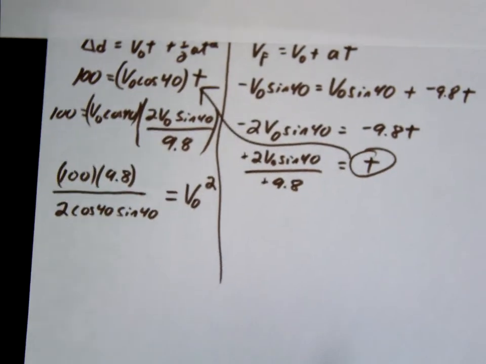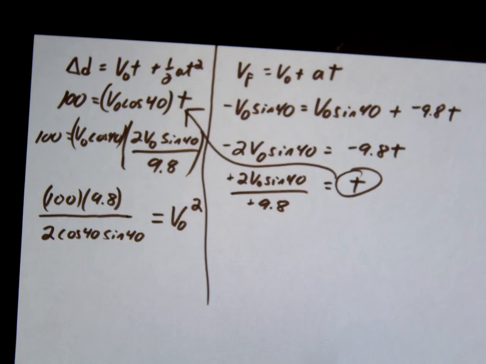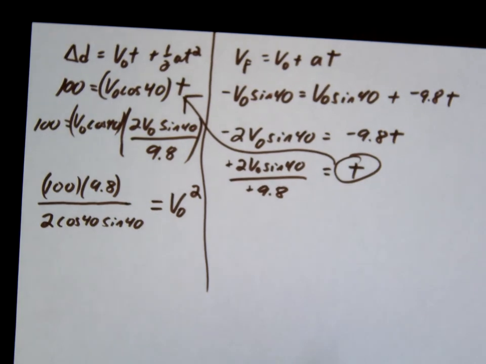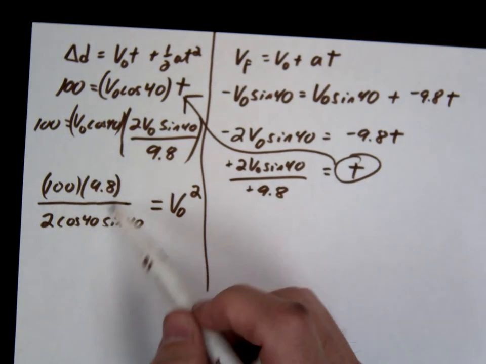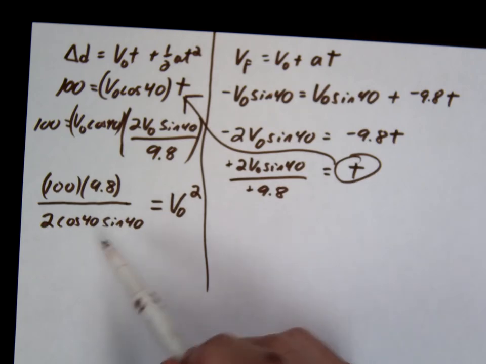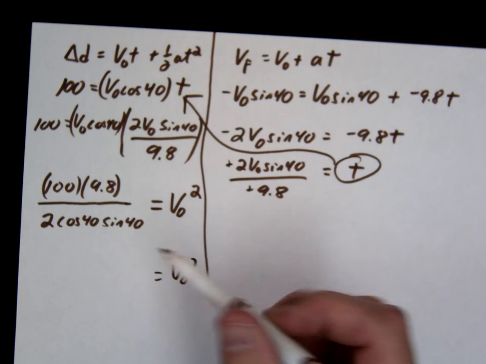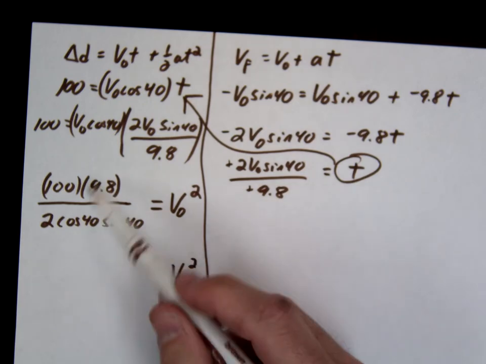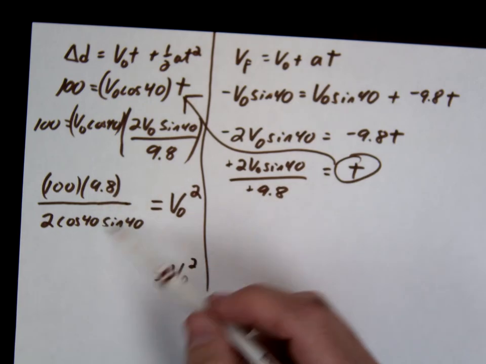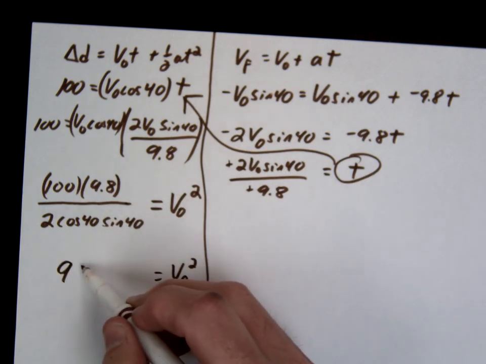We're almost done. Be careful. Please try to plug this in. A lot of people make simple mistakes when they do this. This is like 900 or something like that. 9 what? 996.